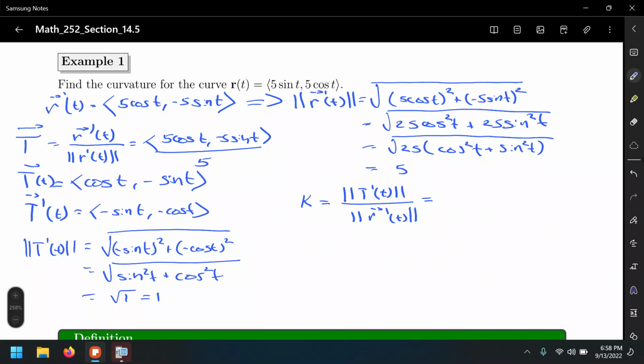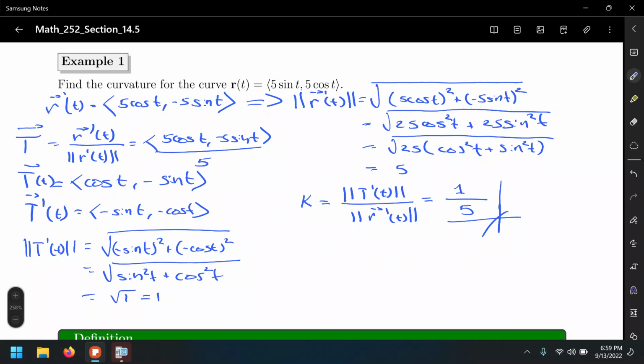In this case the magnitude of the derivative of the tangential happens to be 1, and the magnitude of the derivative of the vector valued function happens to be 5. And well, in this case, notice we're not getting any t's on. Technically, this kappa should be a function of t. Alright, because, well, in this case, we're just getting a numerical value, just a simple number, a constant.